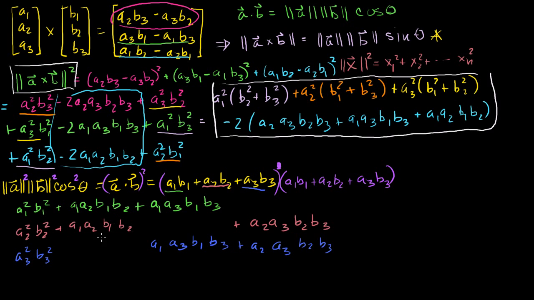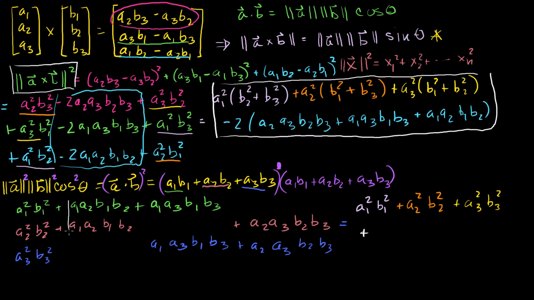And so if you add up all of this business here, what do you get? I'll switch to another color. You have a1 squared, b1 squared, plus, and I'm doing these colors in a certain way on purpose, plus a2 squared, b2 squared, plus a3 squared, b3 squared, plus, and let me do it in white, what do you have here?